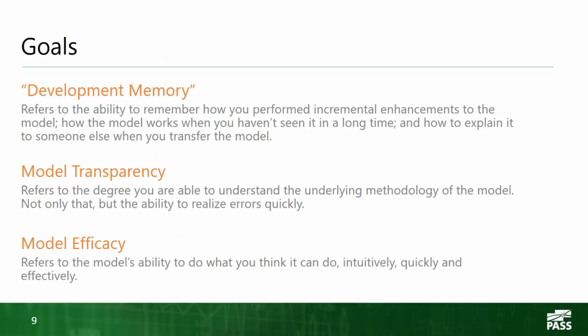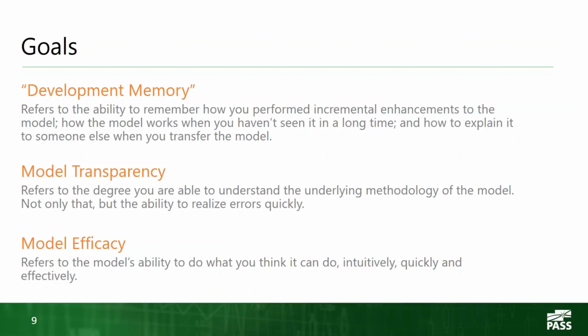So here are the goals I'm going to lay out for what we're trying to do with our outstanding spreadsheets. The first is development memory. So what do I mean by that? Well, as you create enhancements and as you code with VBA, we won't talk about VBA here, but still with VBA or with formulas, there's a way of working with formulas that you encode what you're working on. So a nested if that just references cells may not be entirely clear in what's going on, but there are things you can do to make it easier.